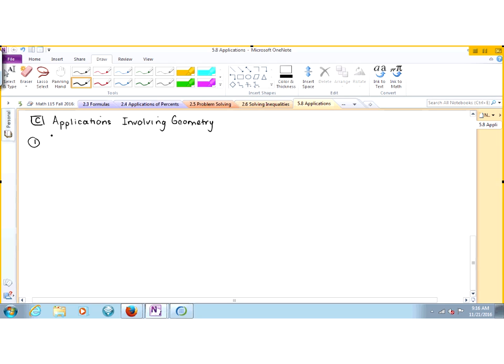So it says here, number 1. It talks about the work surface of Anita's desk. So the work surface of Anita's desk is a rectangle that is twice as long as it is wide.